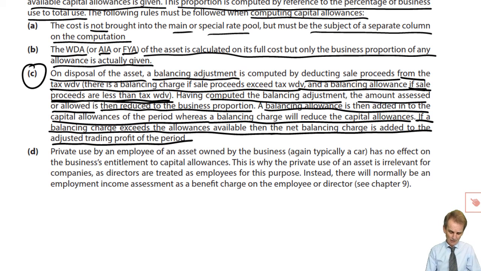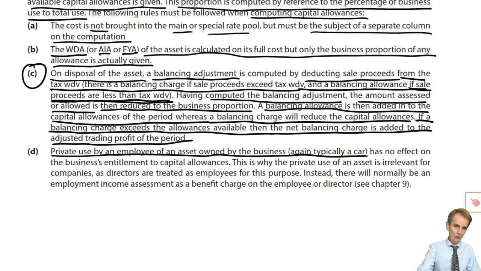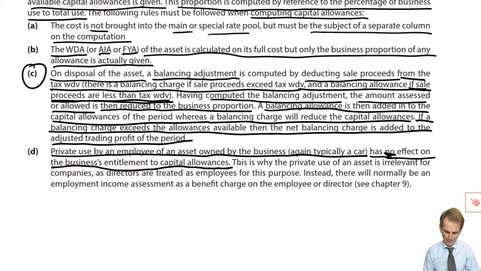Just before we go, and I'll leave you to your private study before next time, one final point. Private use by an employee of an asset owned by the business. Again, typically the business has provided a car to an employee. It's a mix of business and private use. Well, that has no effect on the business's entitlement to capital allowances.